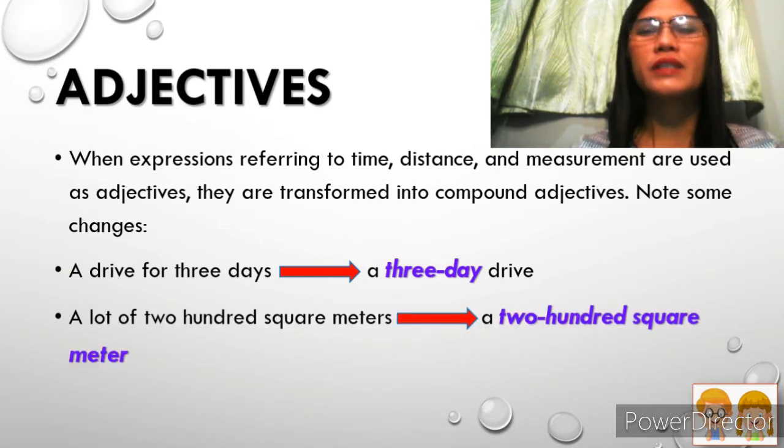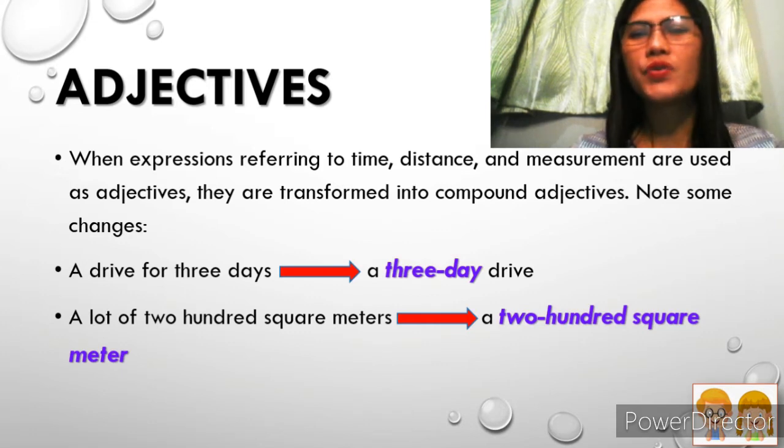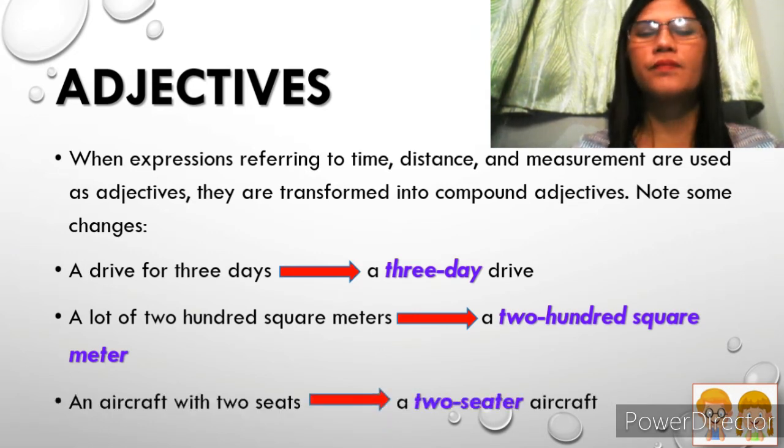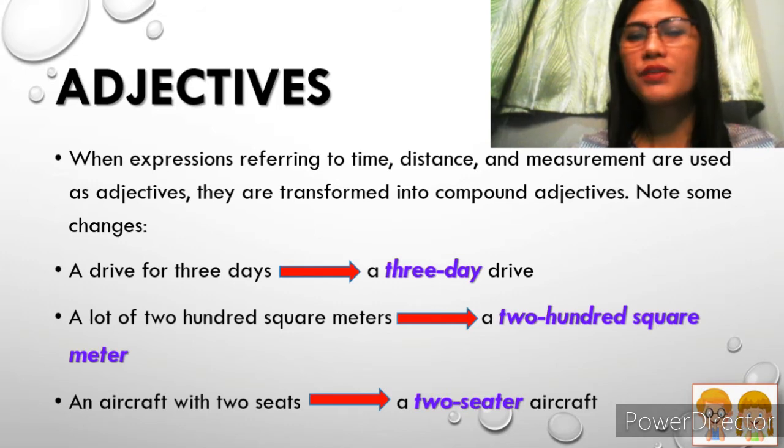When you are referring to distance, a lot of 200 square meters, you have a compound adjective 200 square meter, or a 200 square meter lot. An aircraft with 2 seats, when you are referring to measurement, you have a compound adjective 2-seater, as in a 2-seater aircraft.